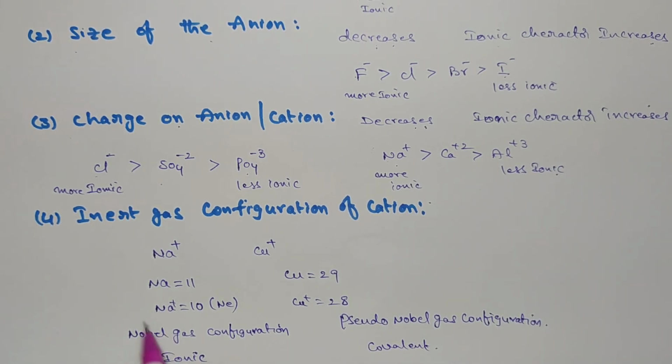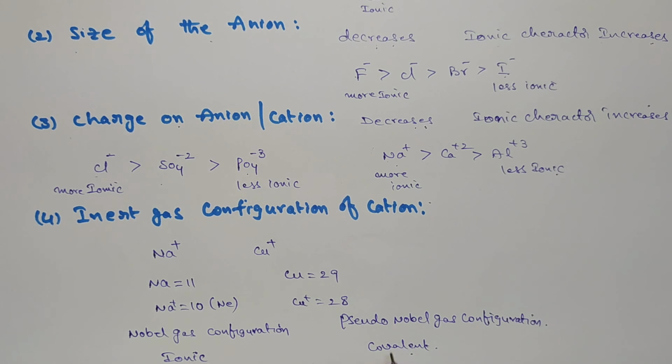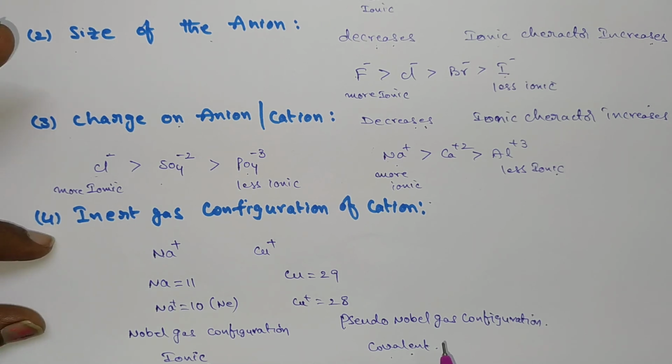That's why Na plus ion forms ionic molecules, whereas Cu plus ion forms covalent molecules. In this way, by considering the size of cation, anion, and charges or noble gas configuration, we can predict whether it is an ionic molecule or a covalent molecule.